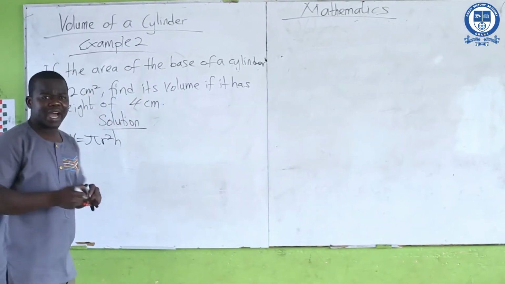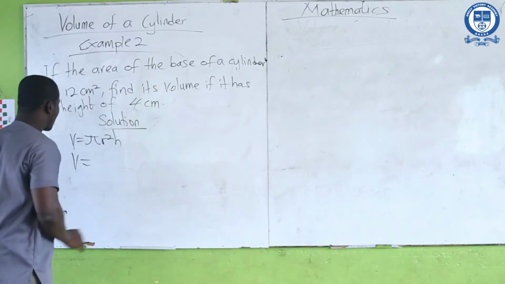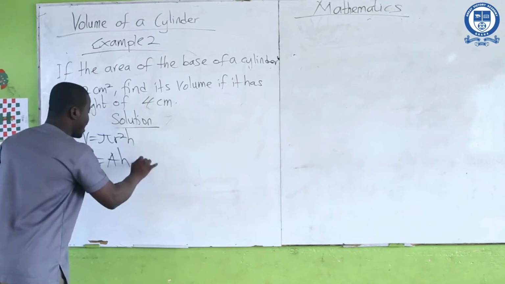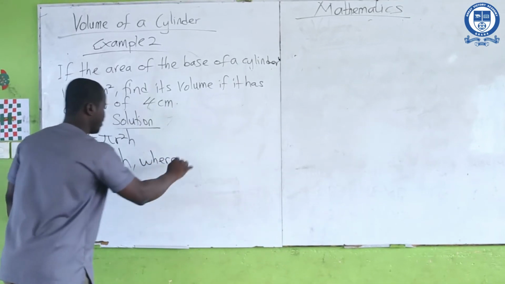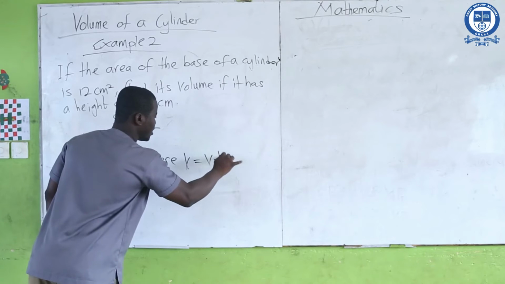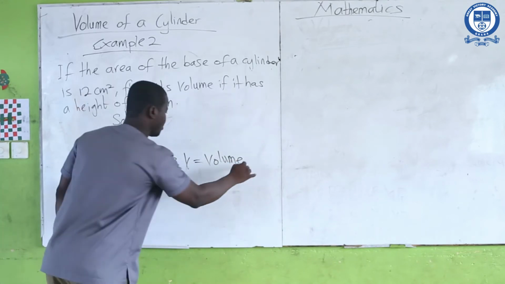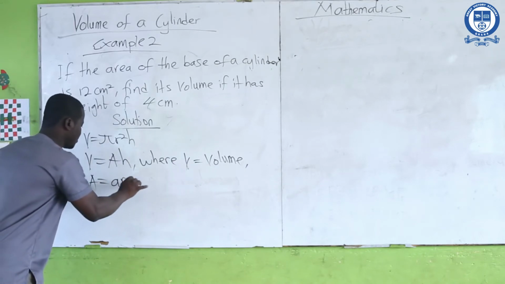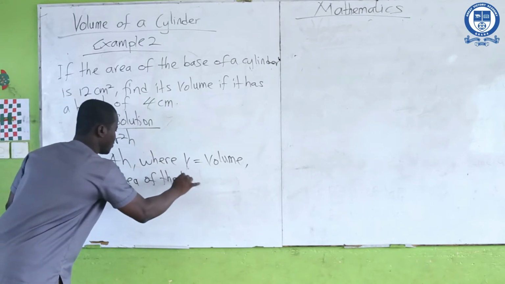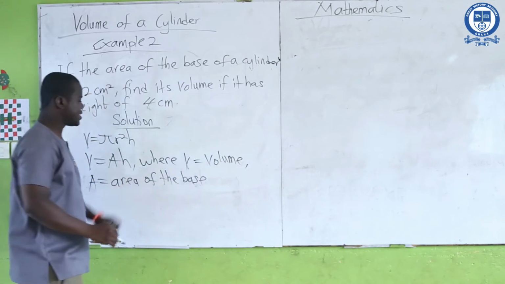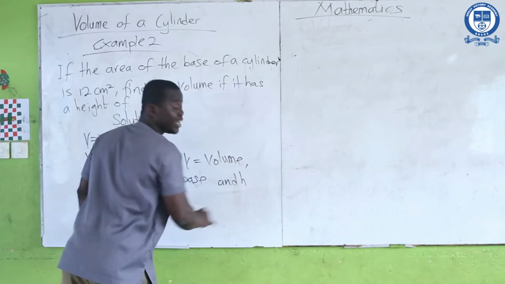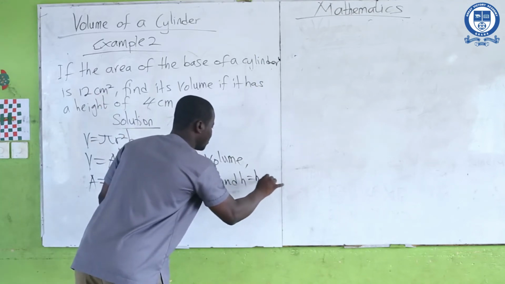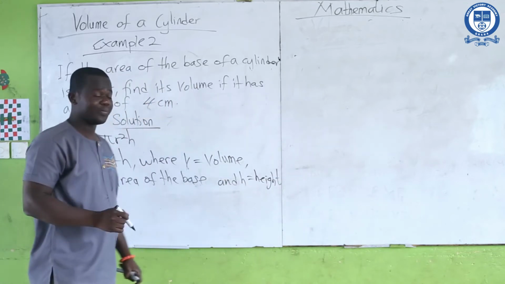So we can write our volume as V is equal to A times H, where V is volume, A is the area of the base, and H is equal to the height of the cylinder.